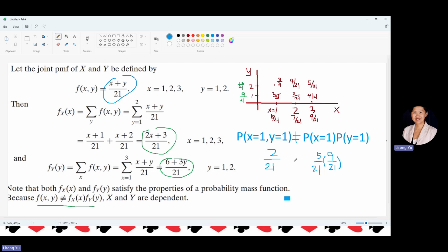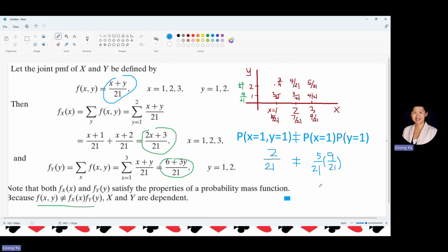That confirms the variables are not independent. For independence, we should have an equal relation, but because they're not equal, they're not independent. Any questions?